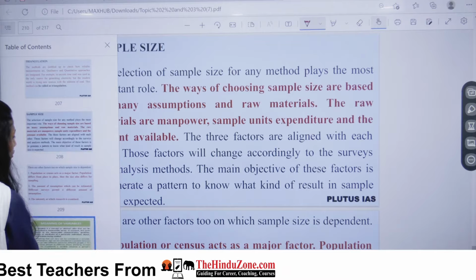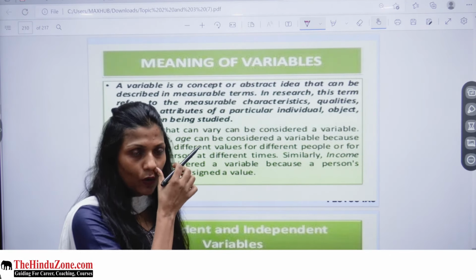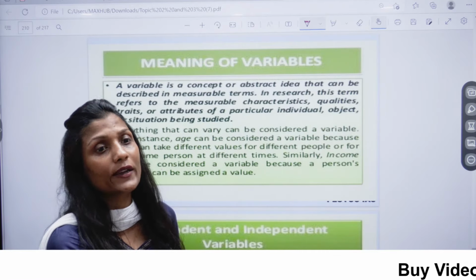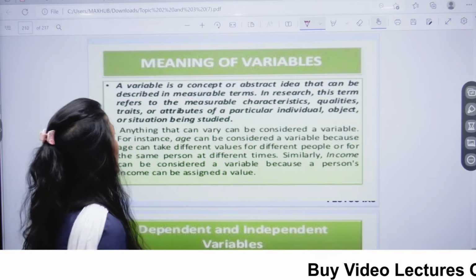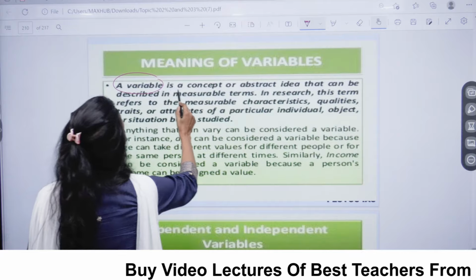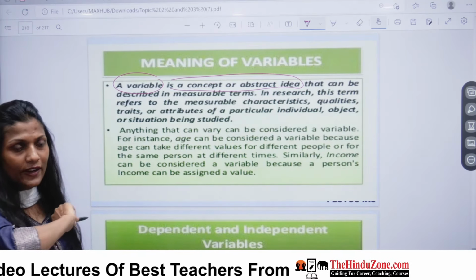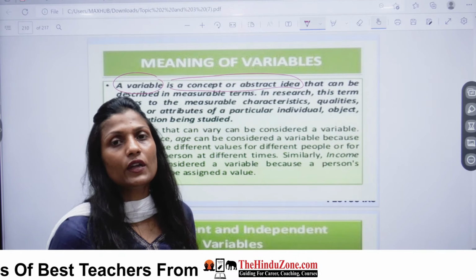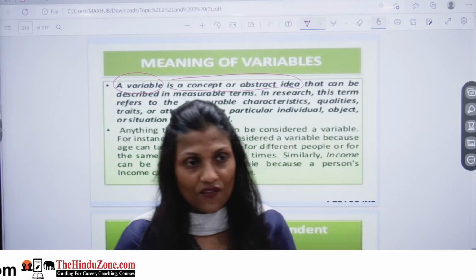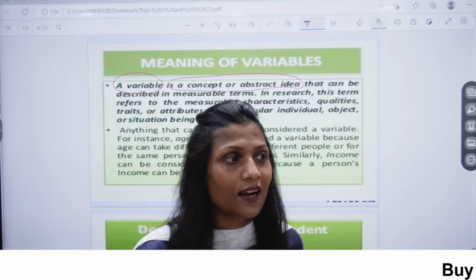Now let me talk about variables. All right? Variables are quite important for all of you, even in your answer writing. Variables are a point which you should give in your answers. You can say that a variable is a concept or abstract idea. When you write your answers, whatever is being asked, you cannot simply put a lot of ideas in your answer.